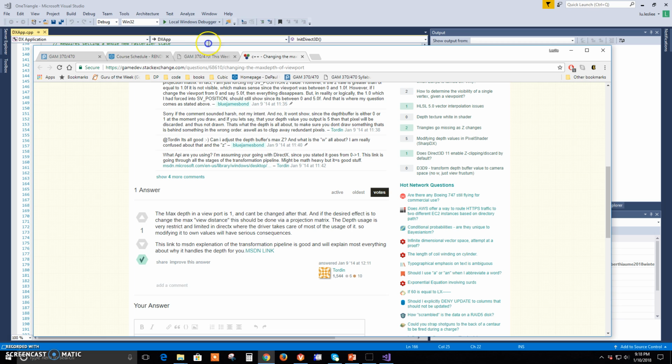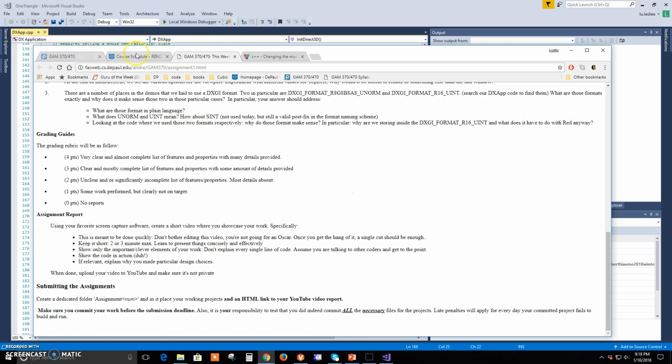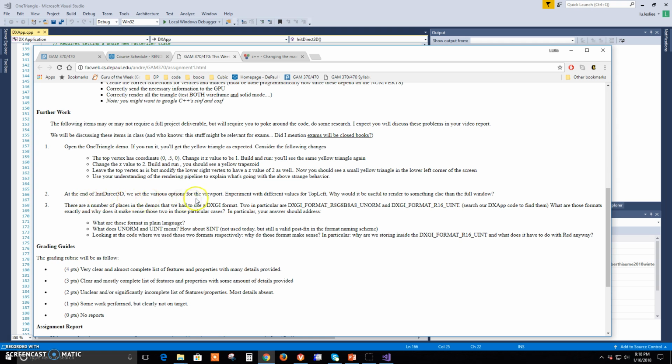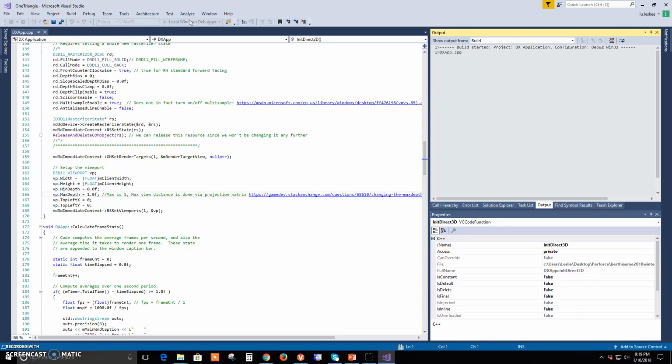Okay, so the next question, where are you? I think I lost. Oh, here we go. Okay, next question is at the end. Oh yeah, so when we use different values for top left, I think I actually did it in this demo too, so we can show that.